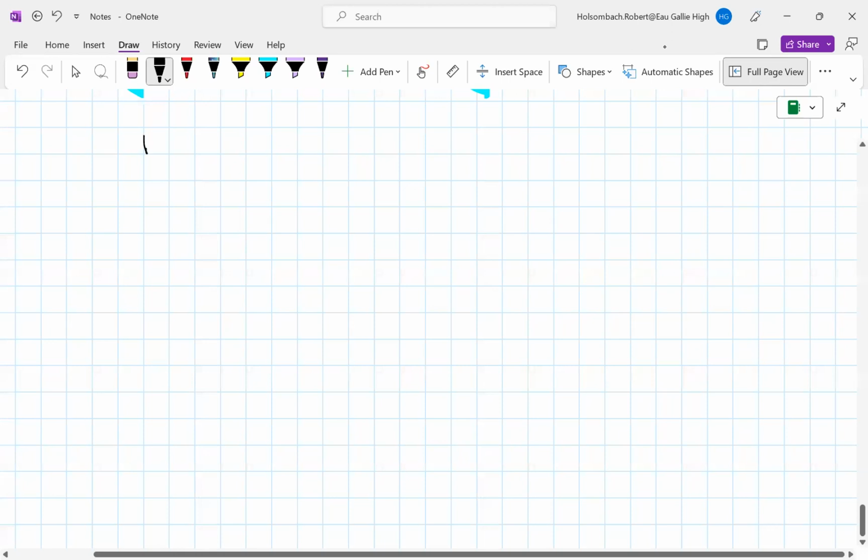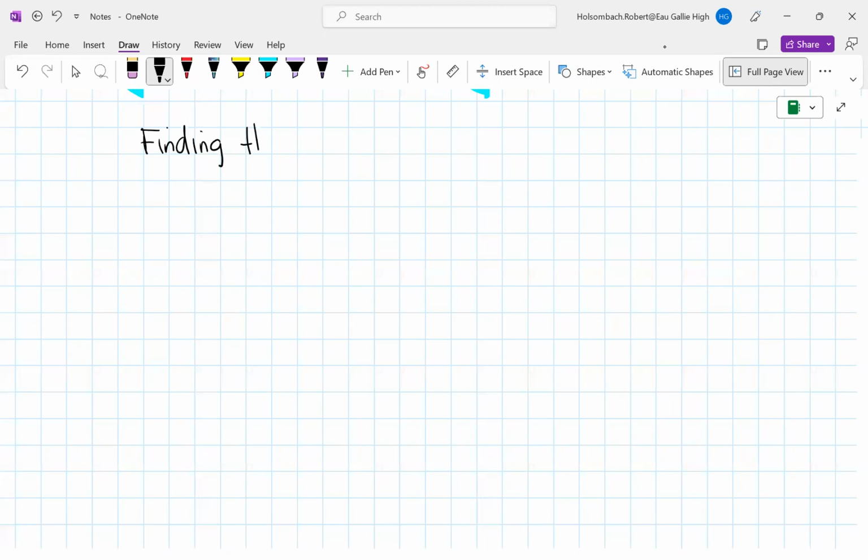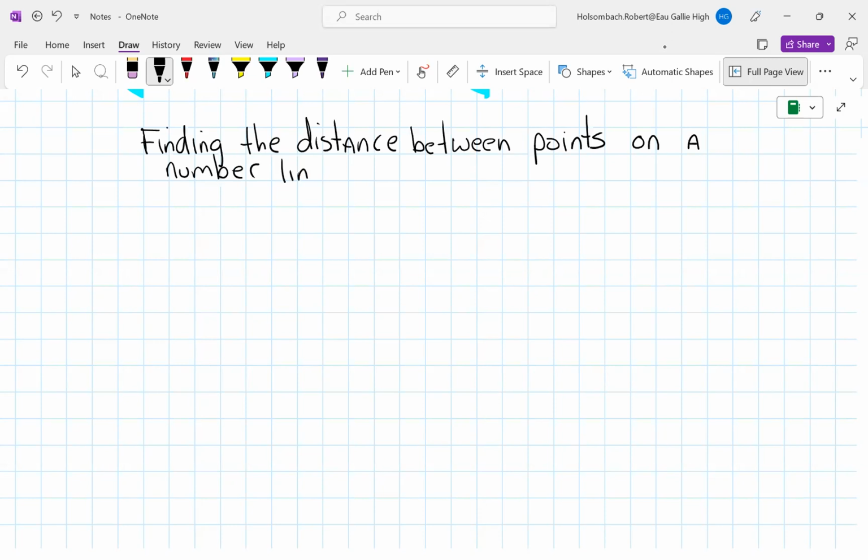All right, like I said, today we're on page 25 in the book, and what we're going to be doing is finding the distance between points on a number line and on the coordinate plane.